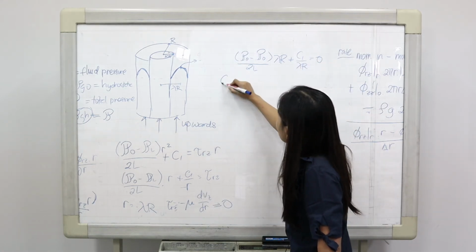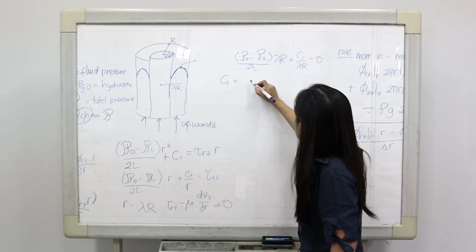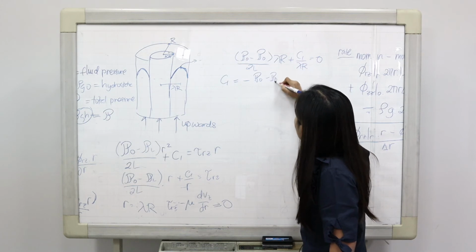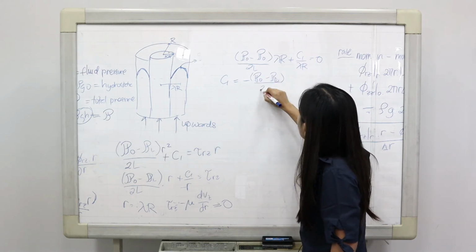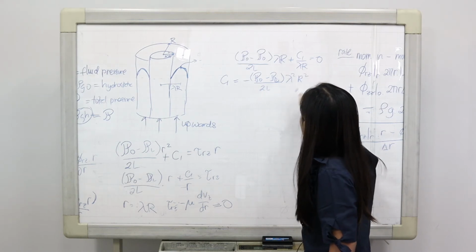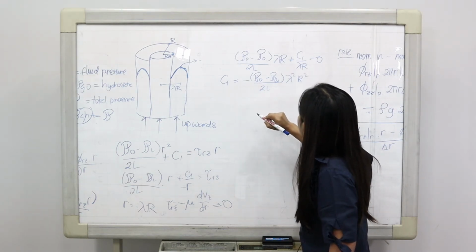That will give us C1 equal to minus modified pressure 0 minus modified pressure L divided by 2L lambda square R square. I think so.